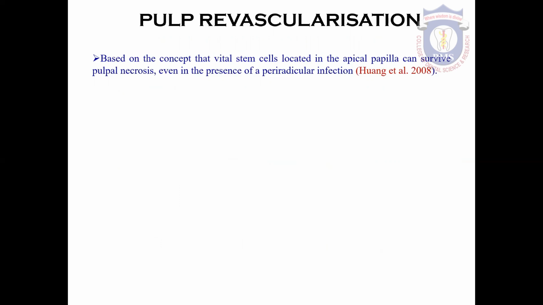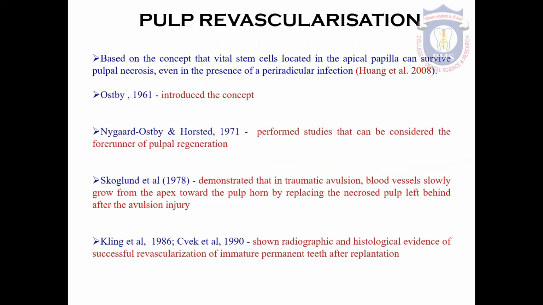It is based on the concept that vital stem cells located in the apical papilla can survive pulpal necrosis even in the presence of a periradicular infection.